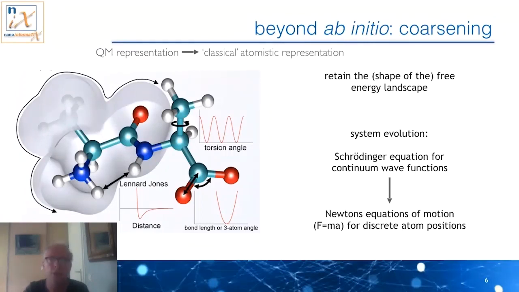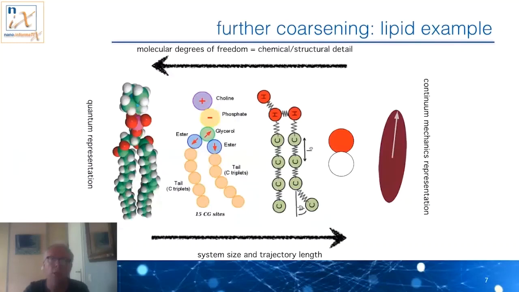Okay, so now we have a representative atomistic representation of our system. Is that good enough? If you consider the systems that we are interested in, in the order of 10 to 100 nanometers, and often time scales of nanoseconds to seconds, you will immediately realize that the atomistic description is also way too compute intensive.